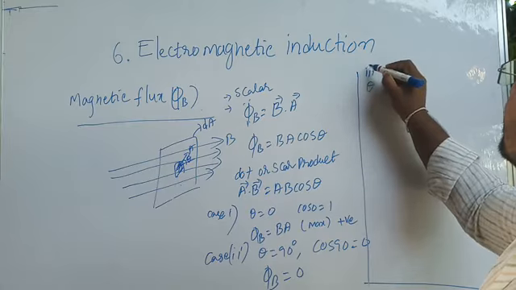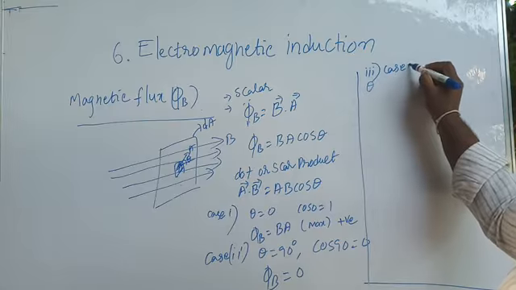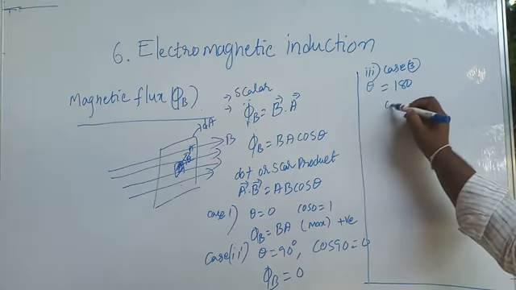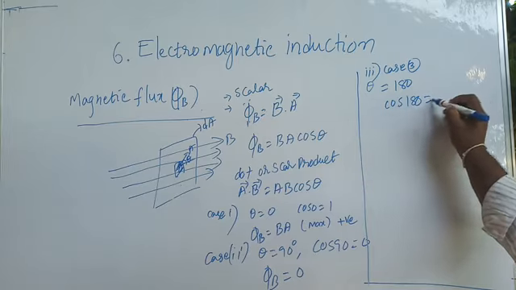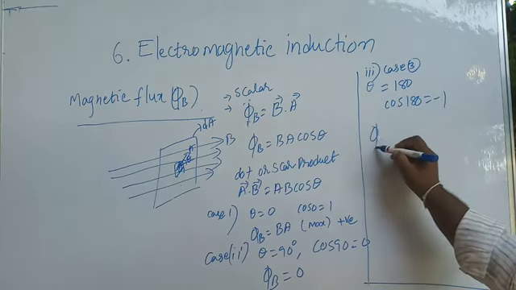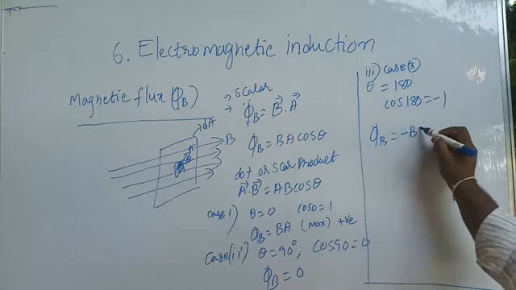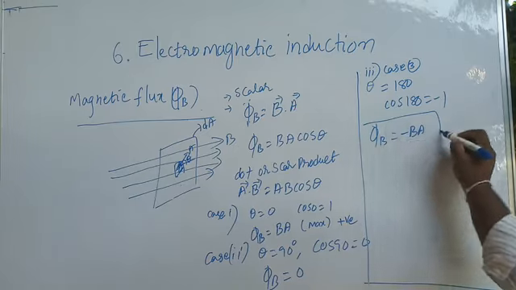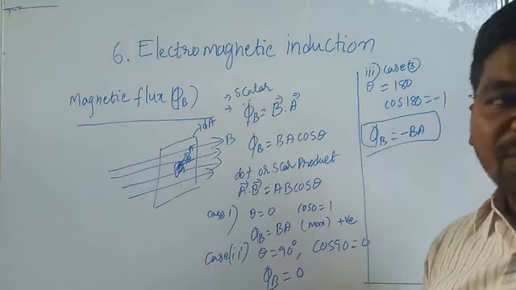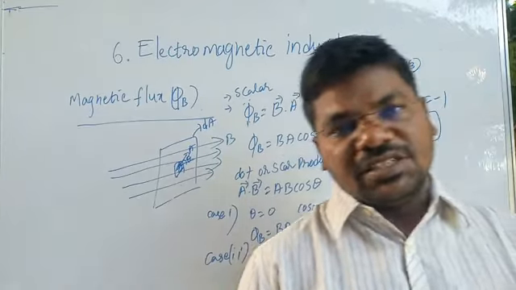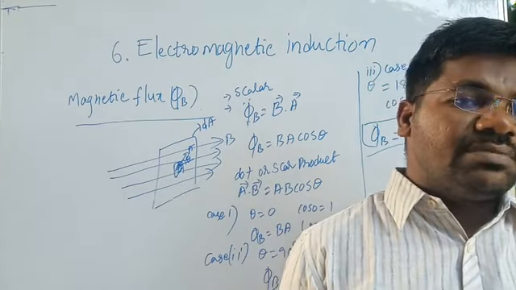Case 3: theta equals 180 degrees, cos 180 is minus 1, so phi B equals minus BA. From this we can say flux may be positive, zero, or negative.